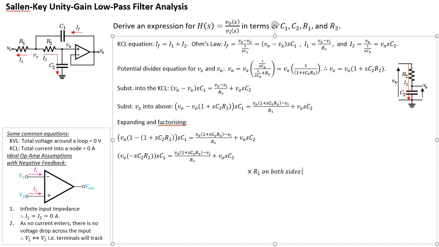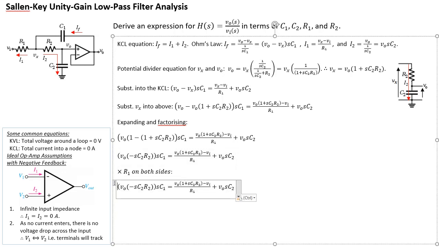So then I'm going to get an expression that looks as follows. On the left side, I'm going to get an R1 term, but the whole thing is going to be a negative term. You have an S here, and you also have another S there, so it's going to be S squared. So I'm going to rewrite the whole left side after I expand everything out, as well as multiplying by R1.